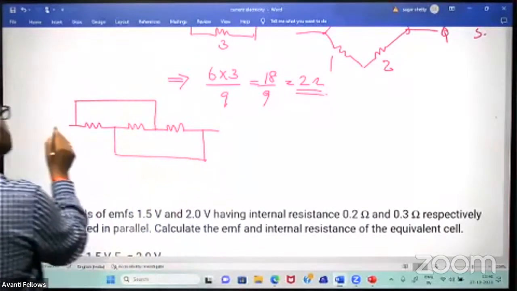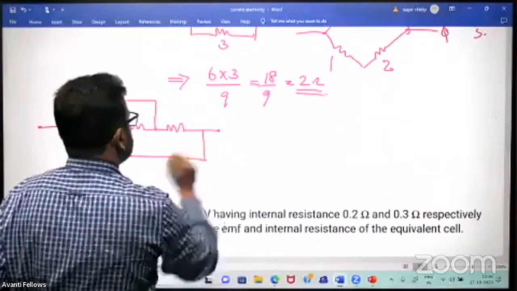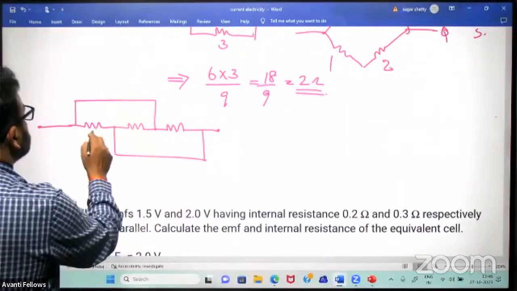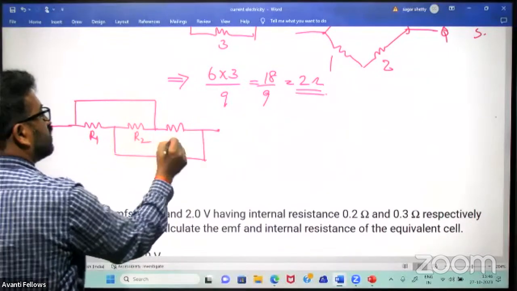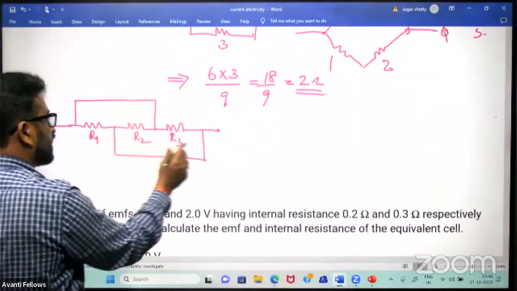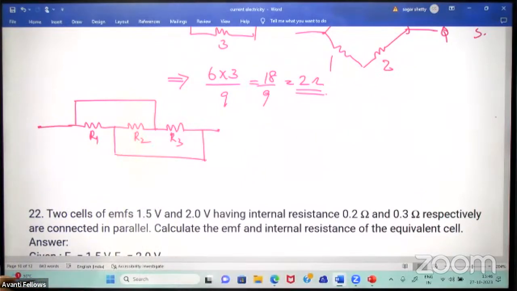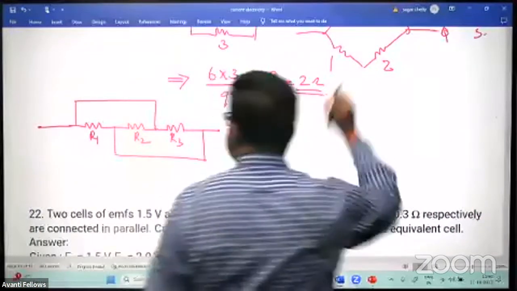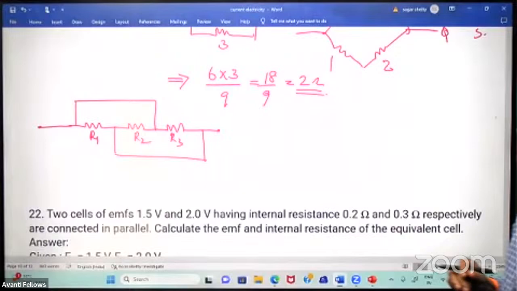Since the parallel and series combination they have eliminated from the syllabus, now these kind of problems do not appear. So R1, R2, R3, 3 resistors are connected like this. What will be the effective resistance of this combination? So this is another typical question, which is just like the question we have discussed just now.